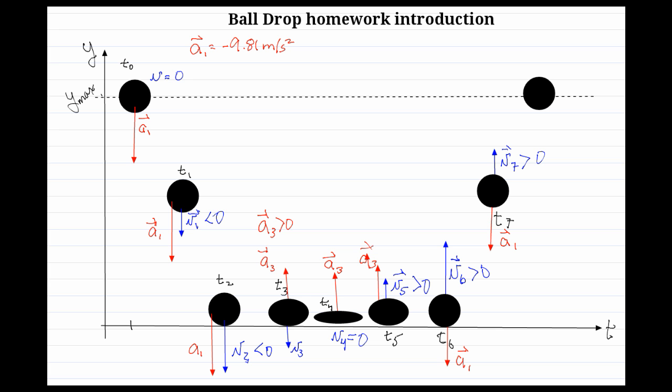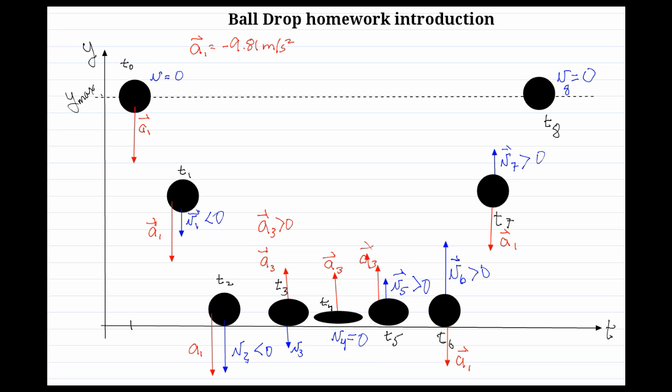Now, our last moment in time, well, over here it's T8, and at that moment we reach our maximum height again. So at this point, our velocity is 0, and our acceleration is downwards.